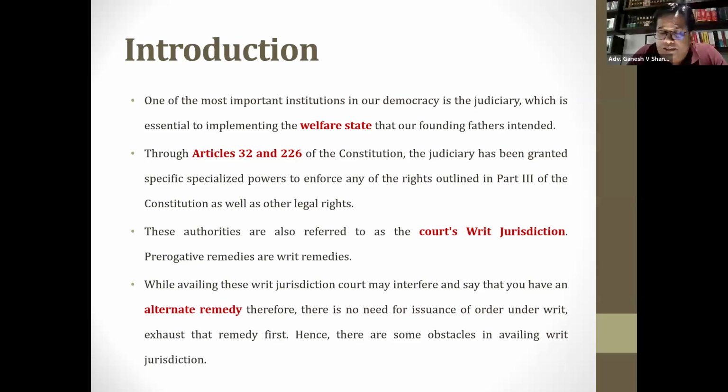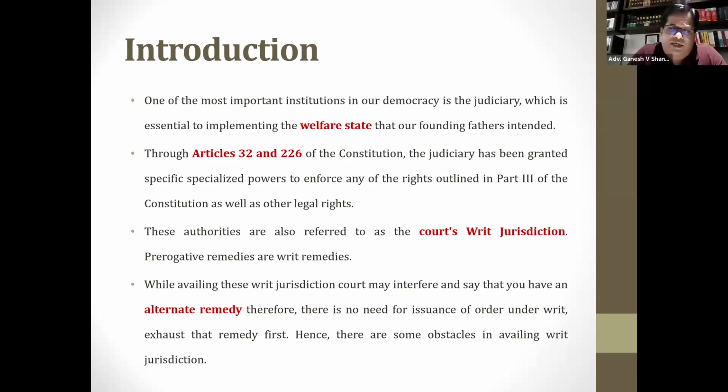Without exhausting those remedies, subject of course to certain exceptions like infringement of fundamental rights, violation of principles of natural justice, or jurisdictional infringements in certain exceptional situations arising out of various Supreme Court rulings, only in those cases can you file writ petitions before the High Court or Supreme Court, as the case may be.